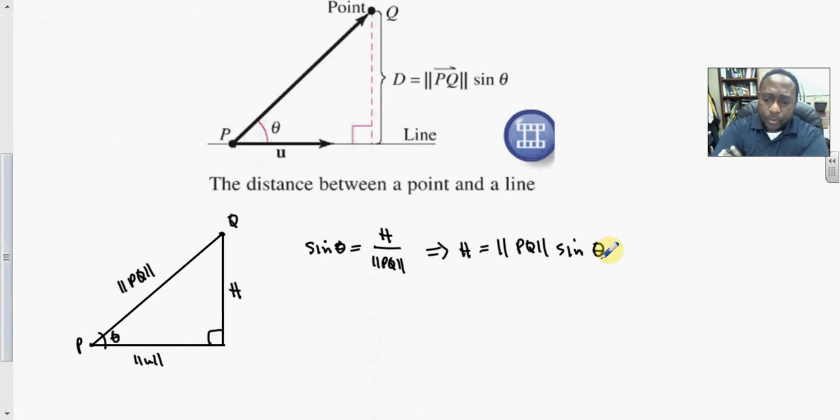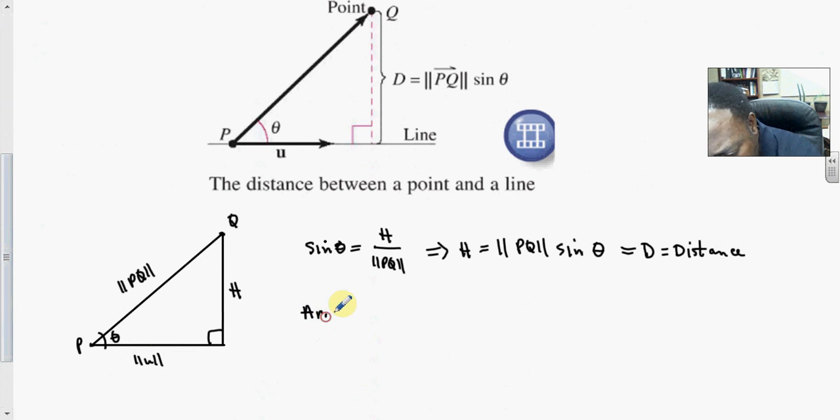Right? Well, actually, what I'm trying to calculate is that distance, h. But there's something that we recall from before: if I take this cross product, the cross product gives me the area of this parallelogram.